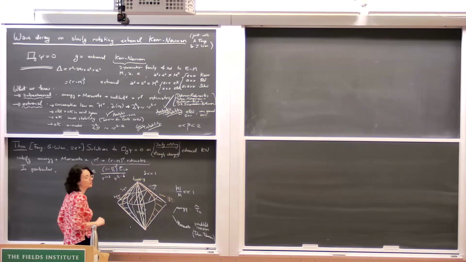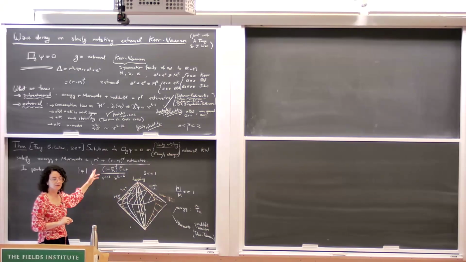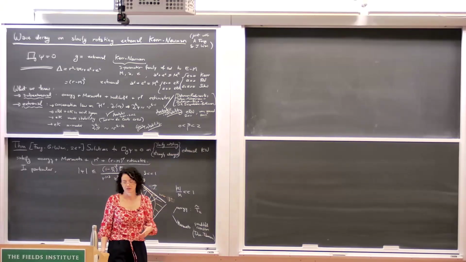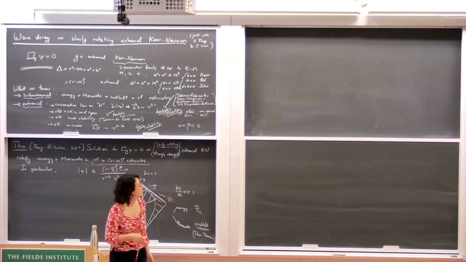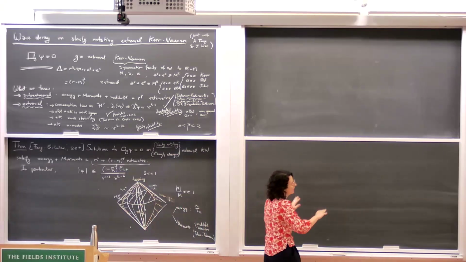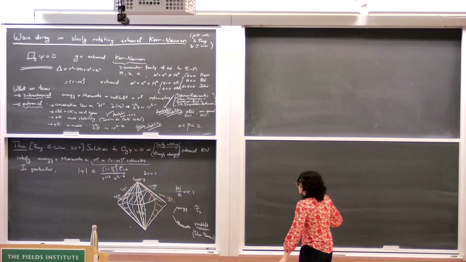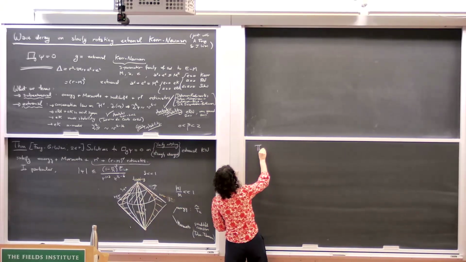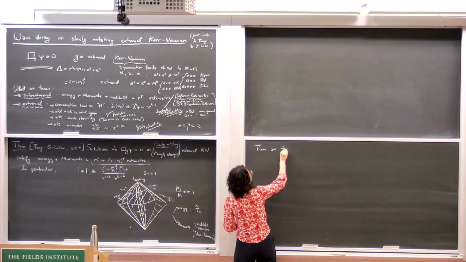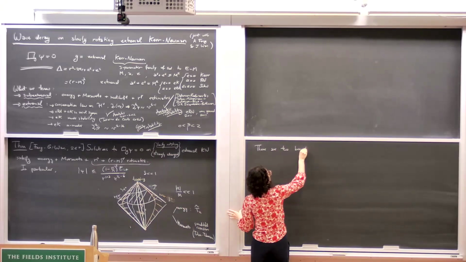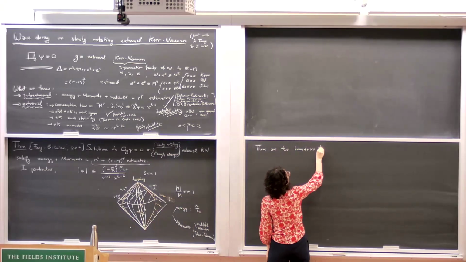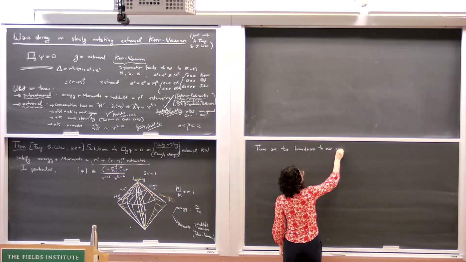Let me instead talk about the other parts of the proof, like the r plus and r minus parts, which is where the difference with the extremal Reissner-Nordström actually comes up. For this, let me use these two blackboards to compare these two cases. There are two boundaries to our spacetime.